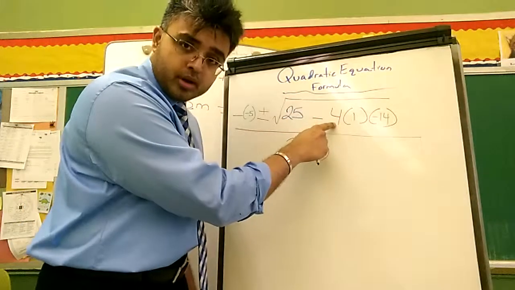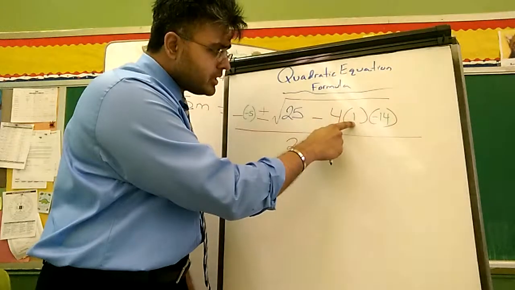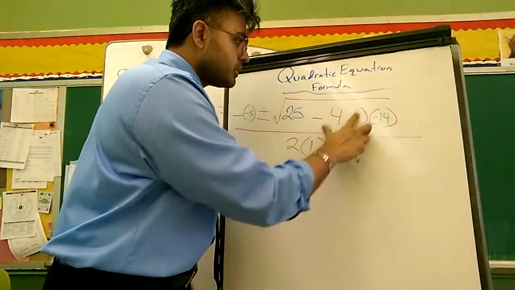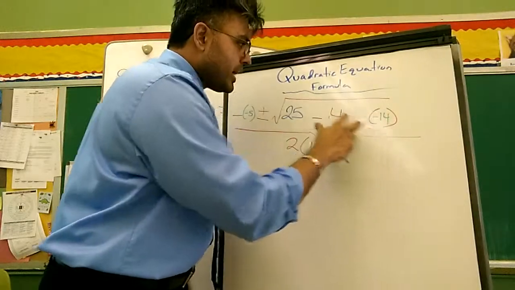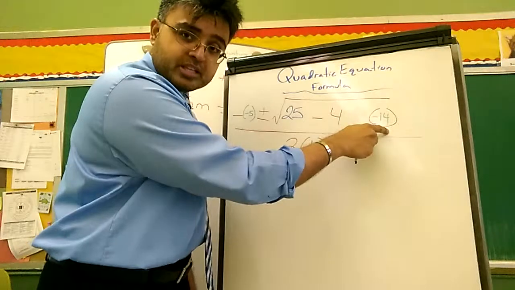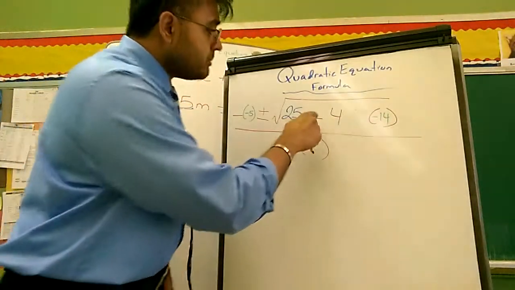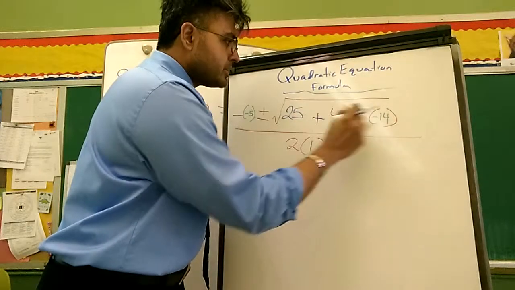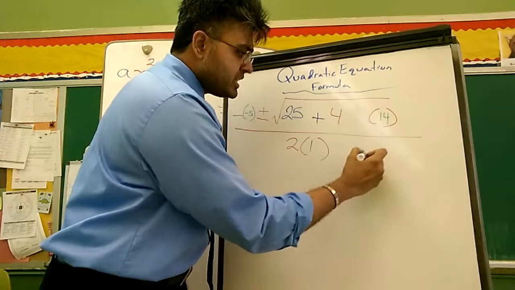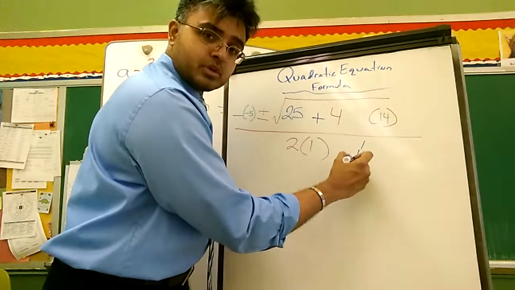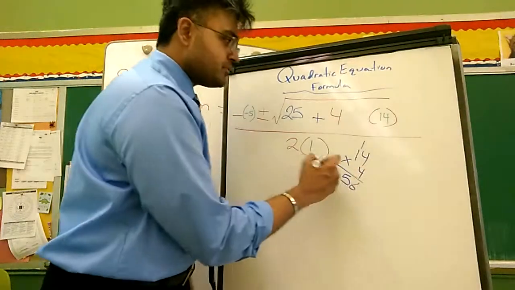Minus 4 times 1 is minus 4. And minus 4 times minus 14. Minus and minus becomes plus. And 14 times 4: 4 times 4 is 16, 4 times 1 is 4, plus 1 is 5, so 56.